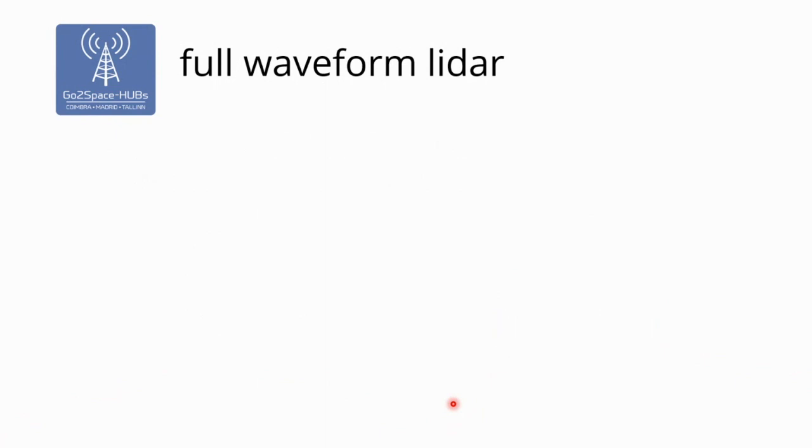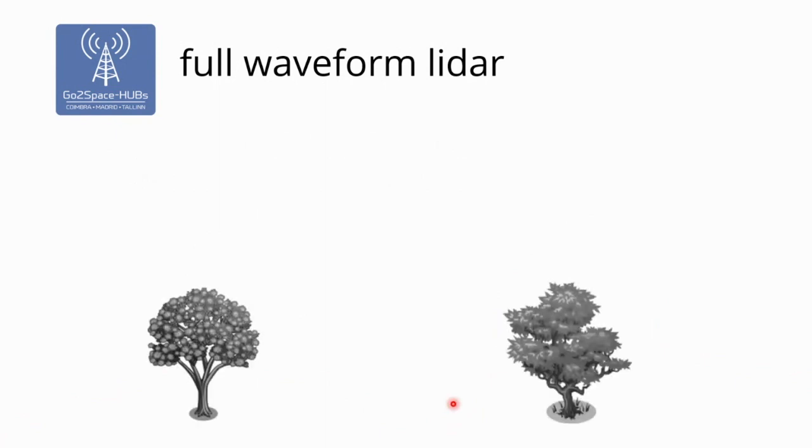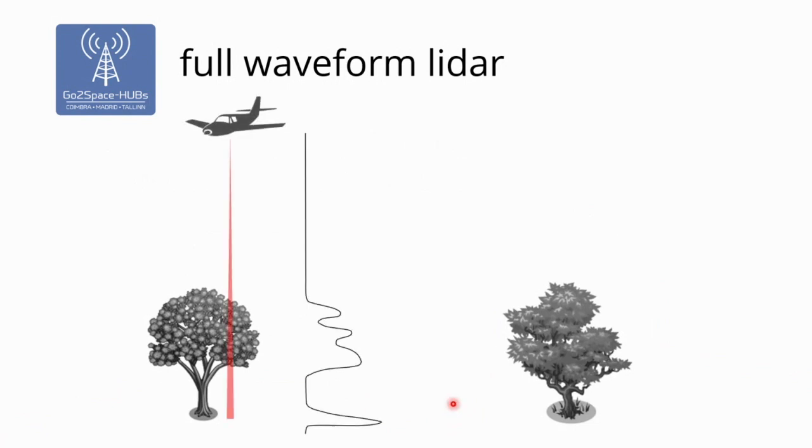But there are also some other features of this technology. For example, quite a new thing is something called full waveform LiDAR. So we don't only register the first reflection and the last reflection, or like five between them also, but we register the whole function of intensity of the returns, how many returns there are.